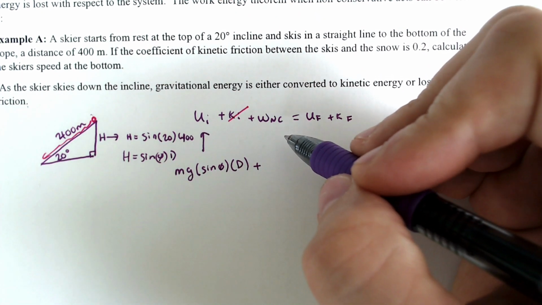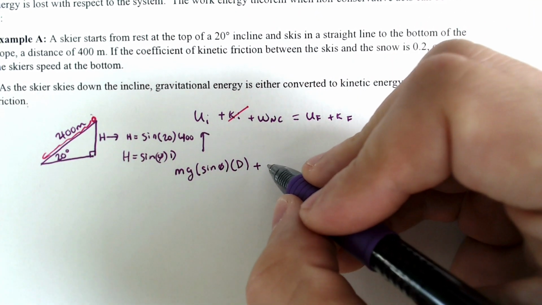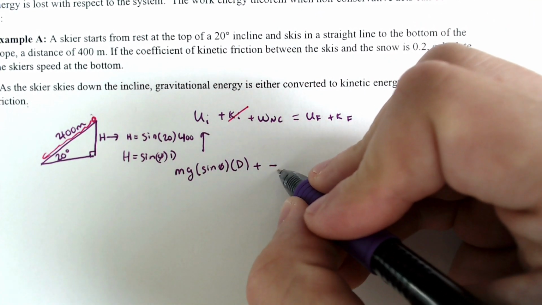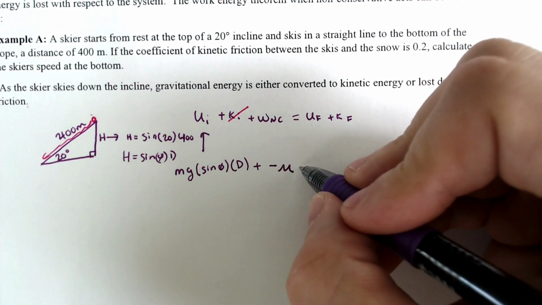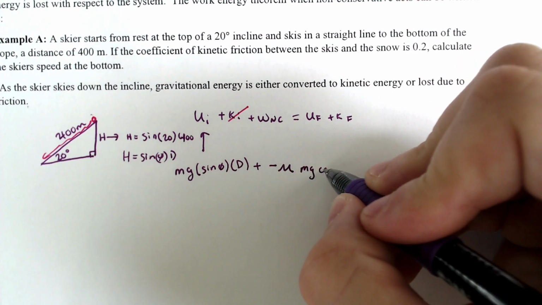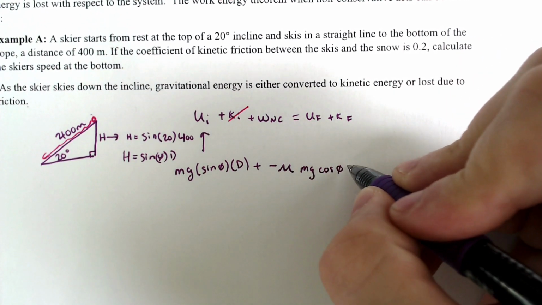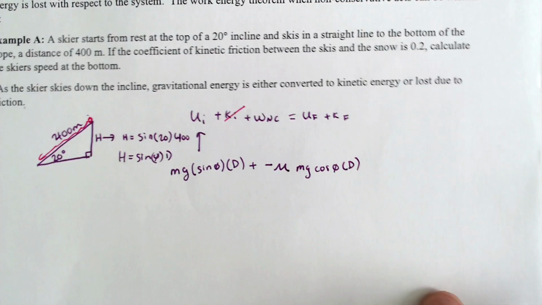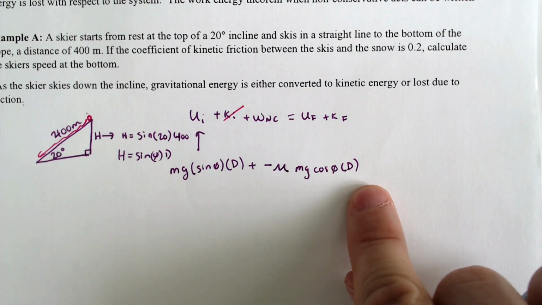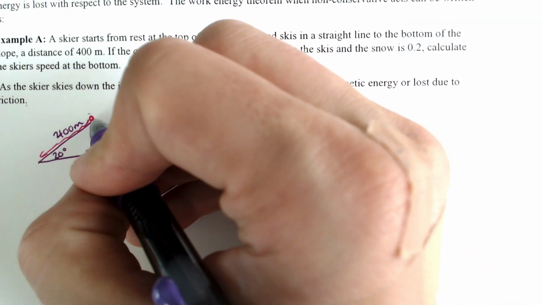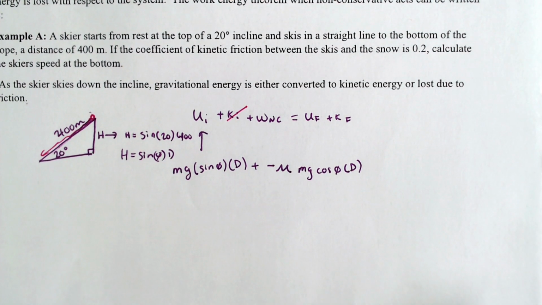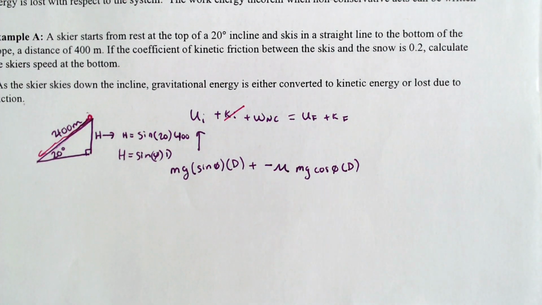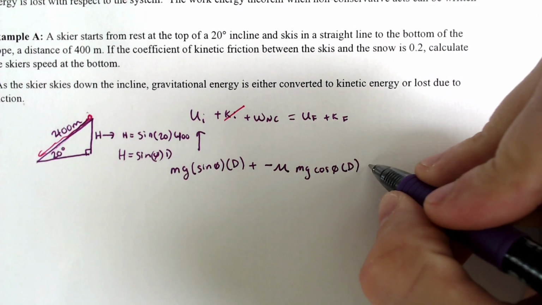The work done by friction would be technically negative mu, the kinetic coefficient of friction, mg cosine of theta times the actual distance. And that is because the friction on the actual ramp involves cosine. It's a whole different video. It takes like 5 minutes to explain. We can link it in the description if we need to.